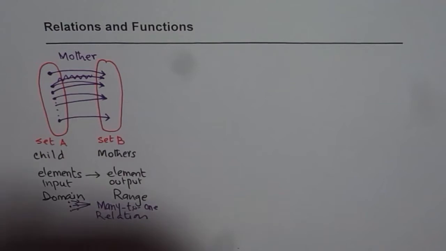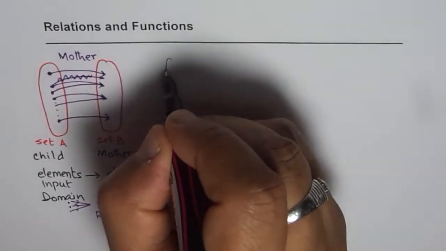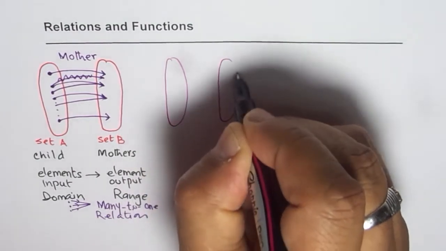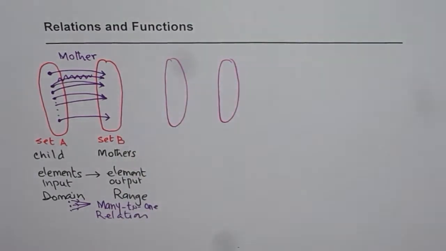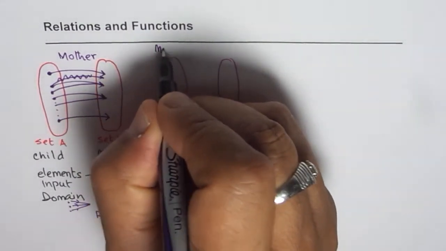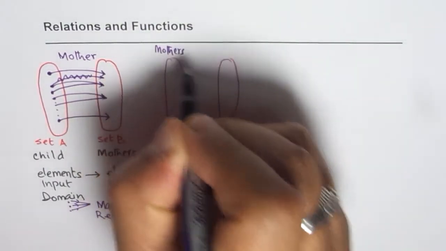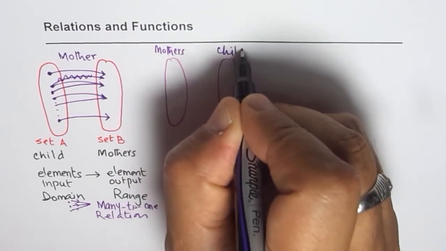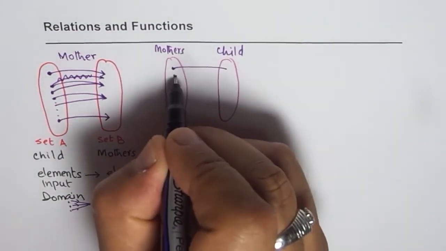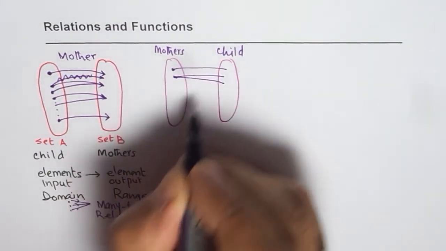Well, let me flip the situation to understand it slightly better. Let's now say that we have another relation which we'll call child. So here we will have set of mothers and here we have a child. Now a mother can have one child, a mother can have two children, correct?